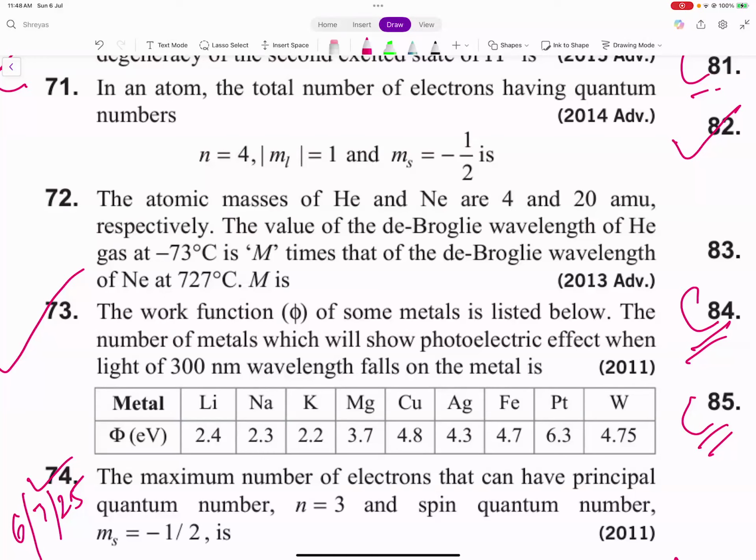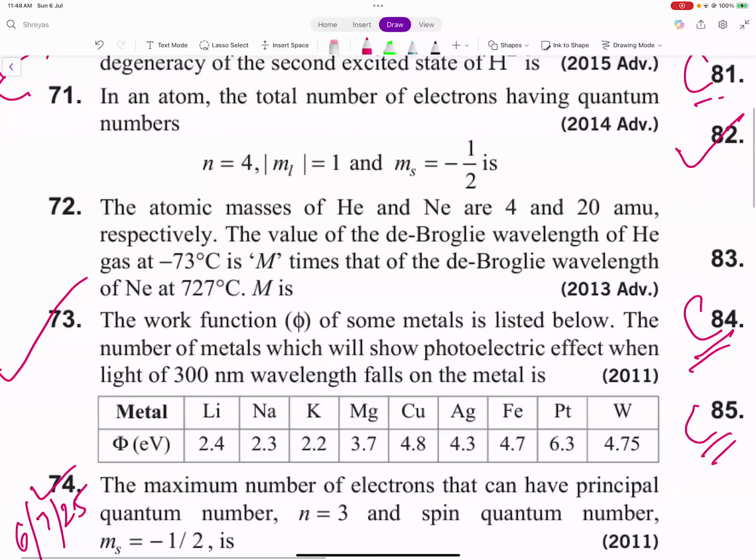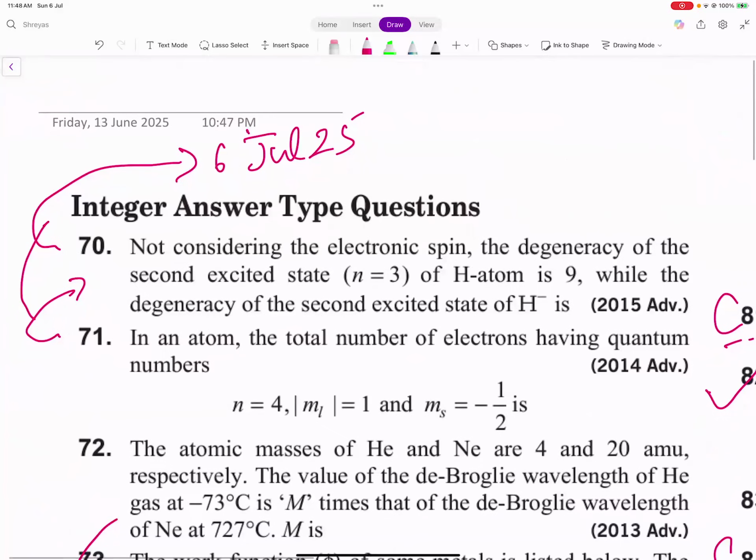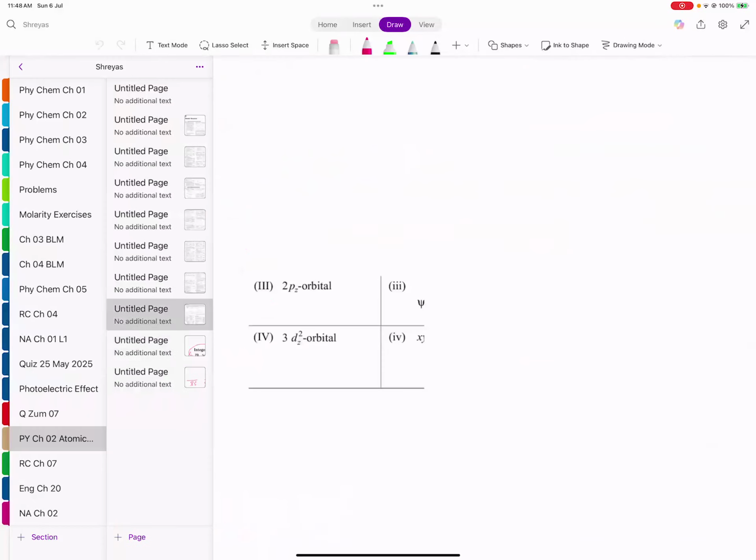So is the answer 9? Yeah, I think the answer is 9. Nice.